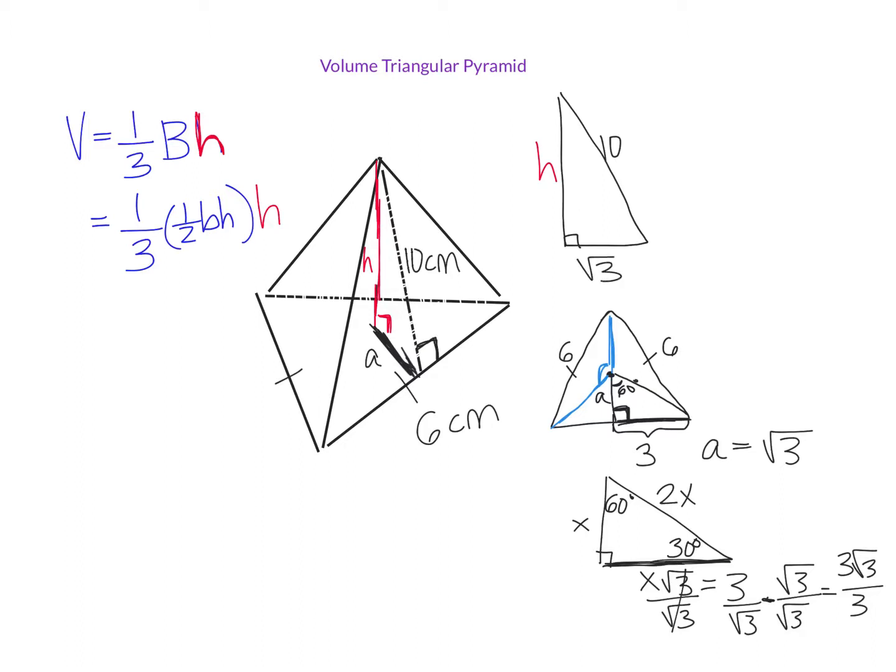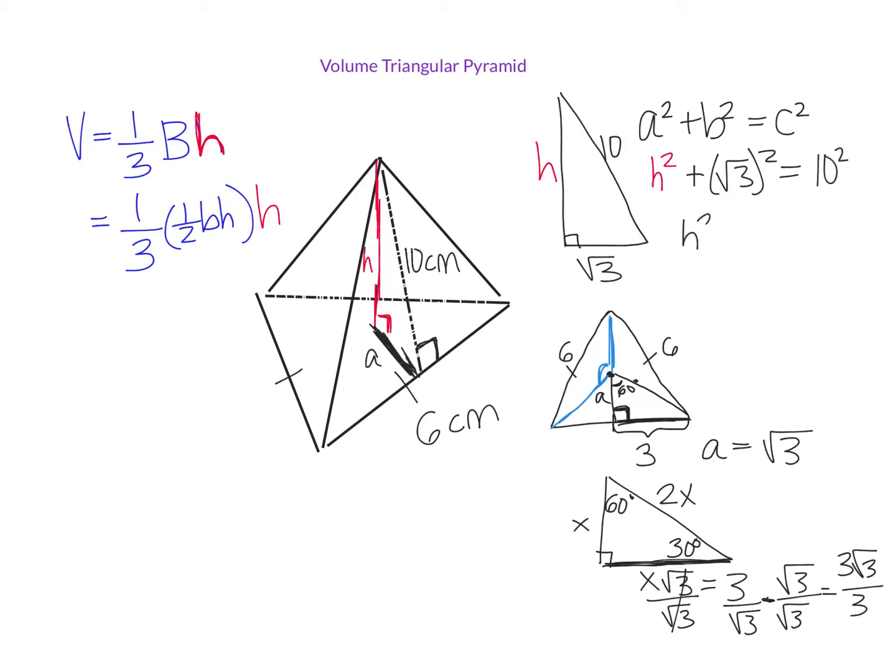Okay, so now I'm going to use the Pythagorean theorem to solve for the height. So we have a squared plus b squared is equal to c squared. Let me replace some of the variables here. So instead of a squared, I'm going to represent that with the height that we're looking for, plus the other leg, that is the square root of 3 squared, is equal to my hypotenuse squared.